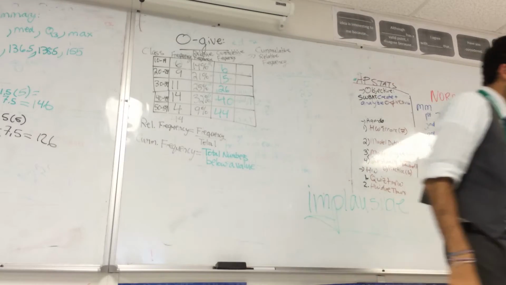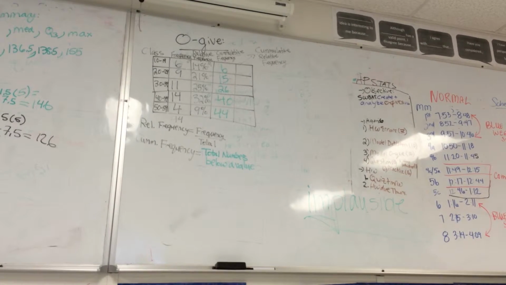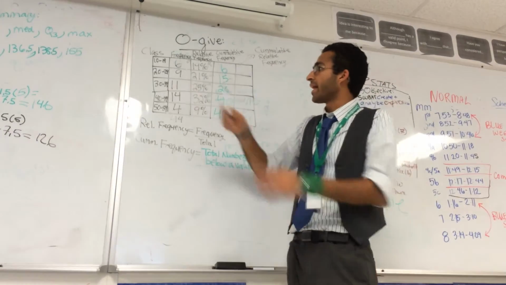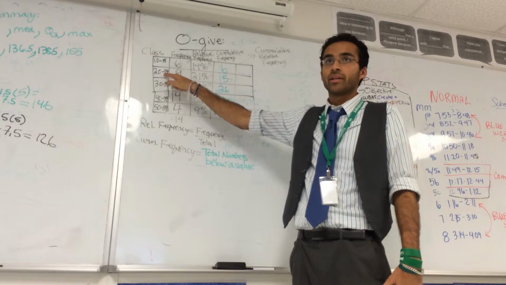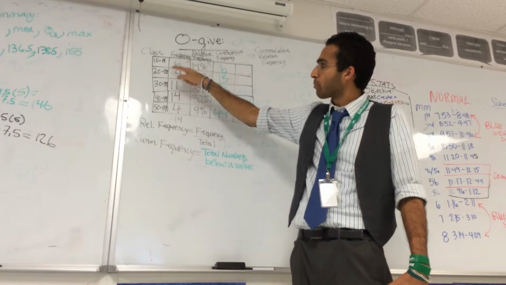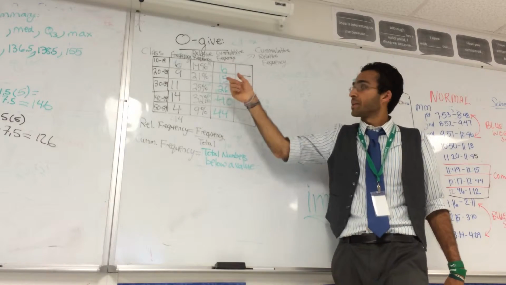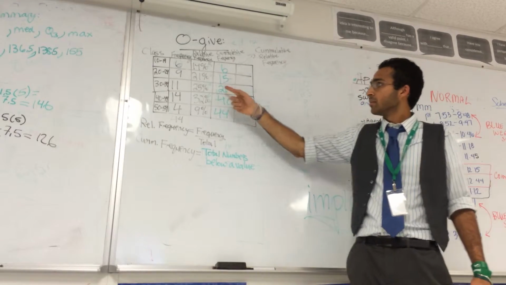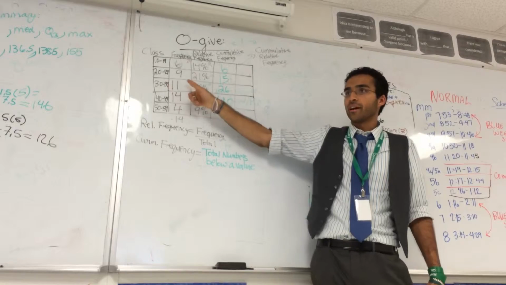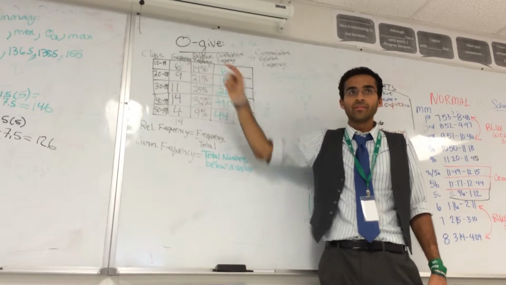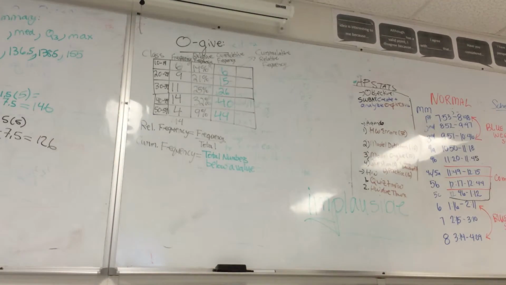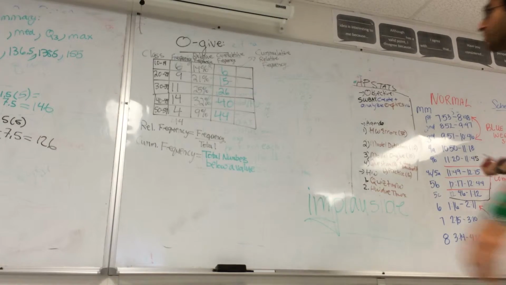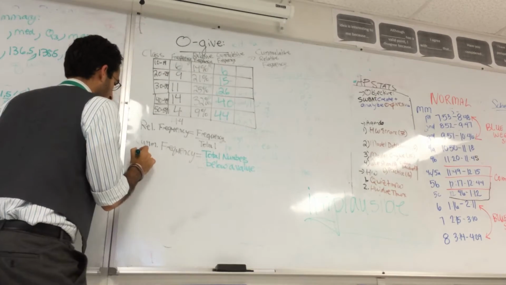Now over here below 29, there are 9 numbers from 20 to 29, and then these 6 numbers are also below 29. That's how we get the 15. Below 39, there are these 11, these 9, and these 6, and so on. Questions?